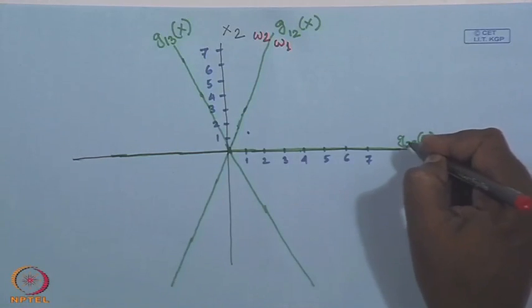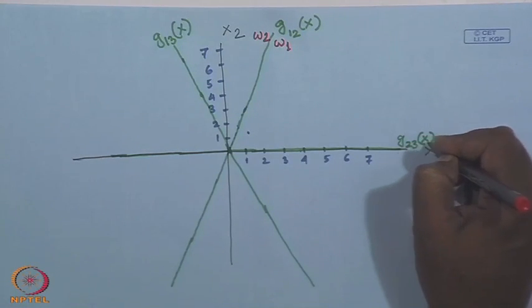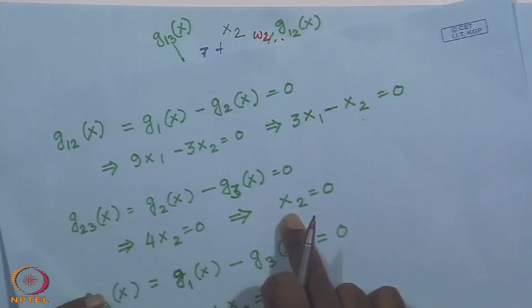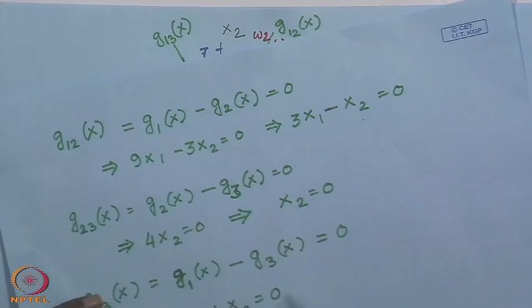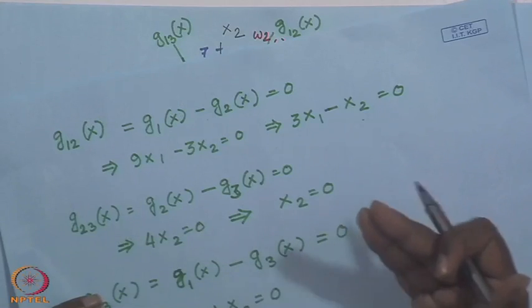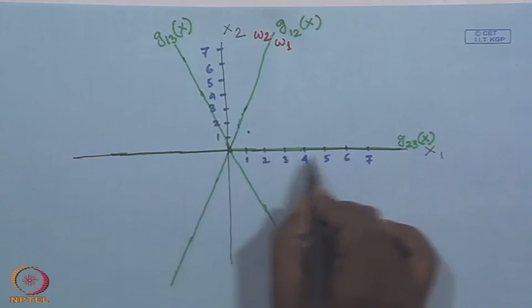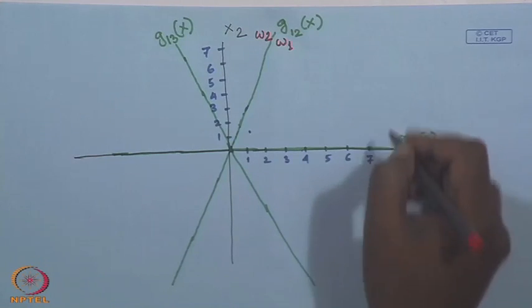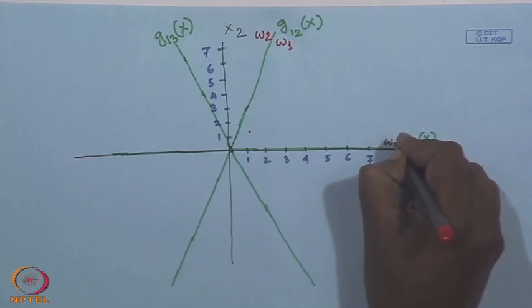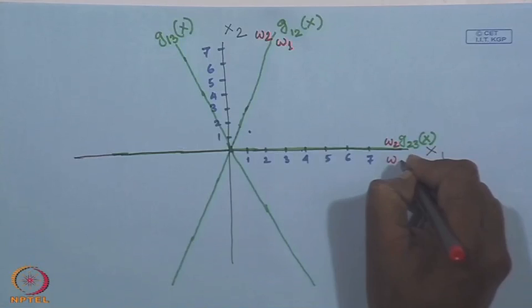Similarly, when I consider this G23(x), as G23(x) is nothing but x2, whenever x2 is positive, that side belongs to omega 2. Whenever x2 is negative, that side belongs to omega 3. So, considering this decision boundary, this side belongs to omega 2, this side belongs to omega 3.